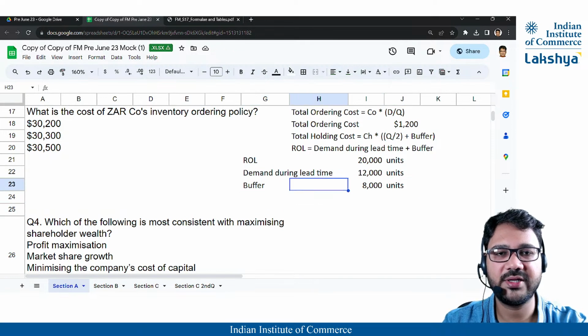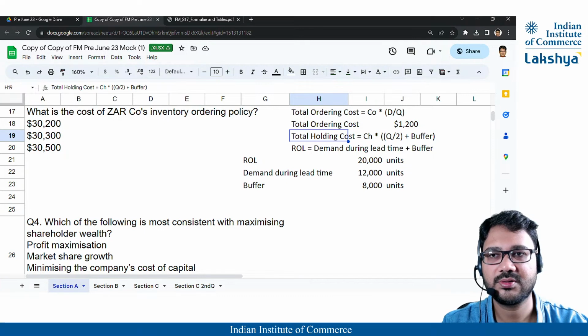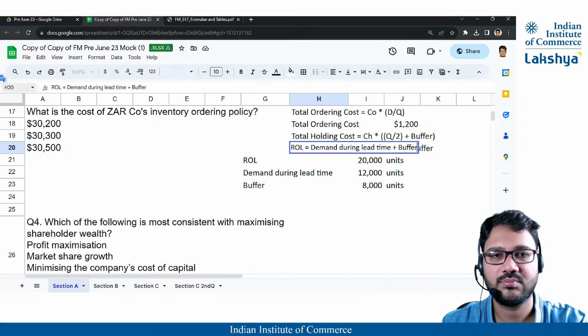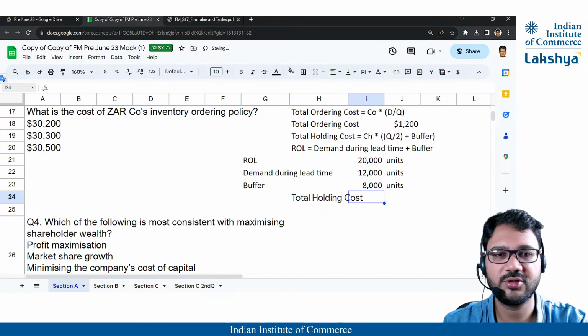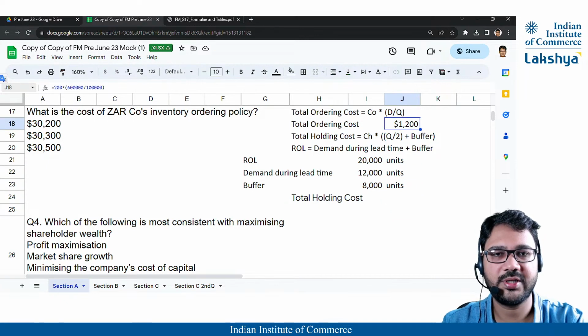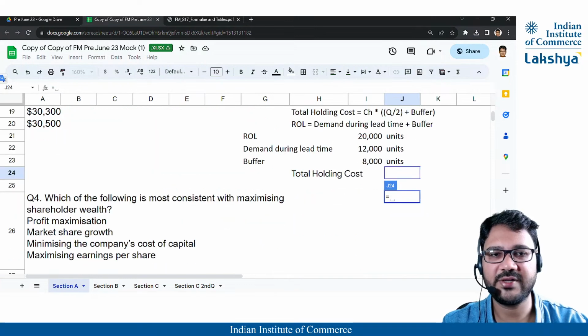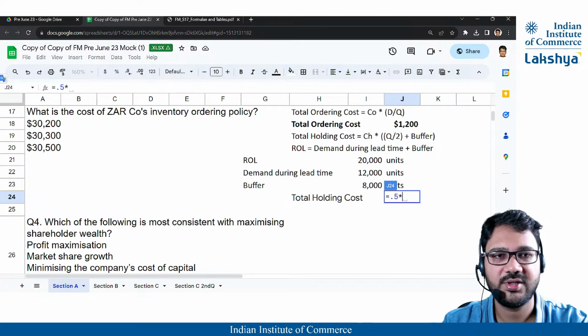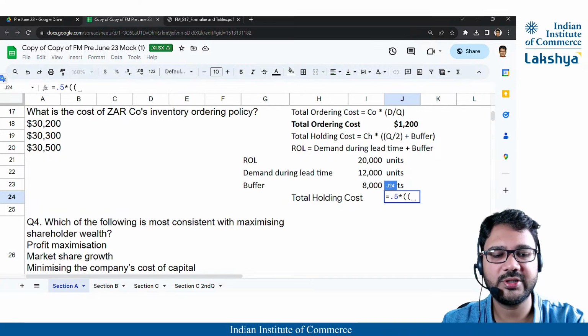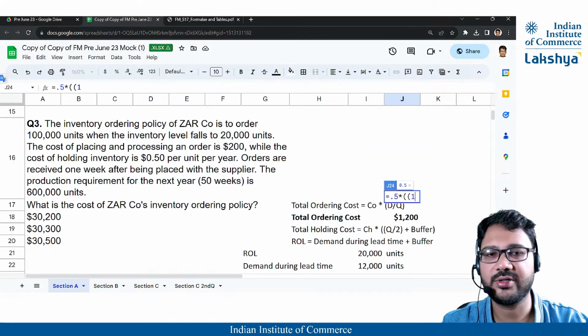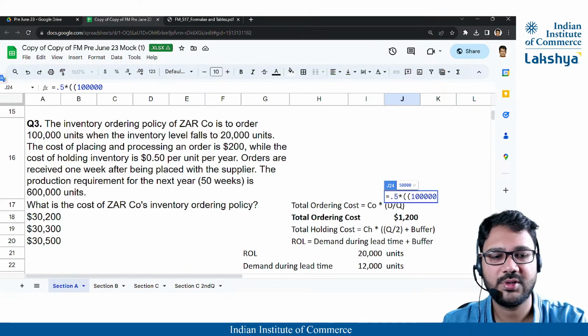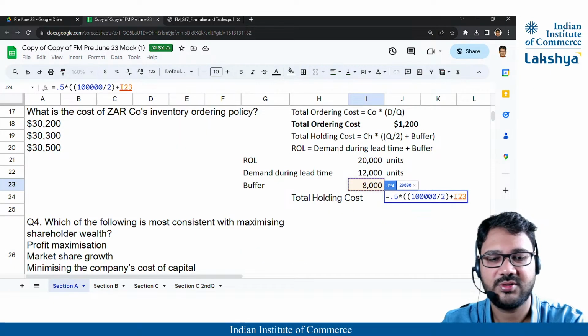Therefore, if we have to calculate our total holding cost, it is equal to the cost of holding 1 unit, which is 0.5 cent, into the quantity ordered, that is 100,000 units, divided by 2, plus buffer units.